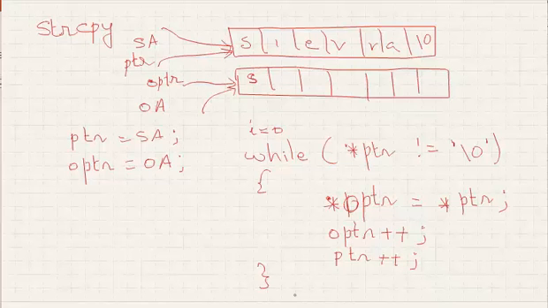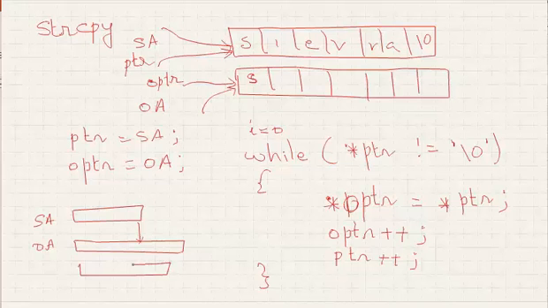Here we are assuming that they are the same length. It gets complicated if one of them is bigger than the other. If SA is smaller, it is okay, because we are going to copy until this one and then stop. What if my SA is bigger than my output?